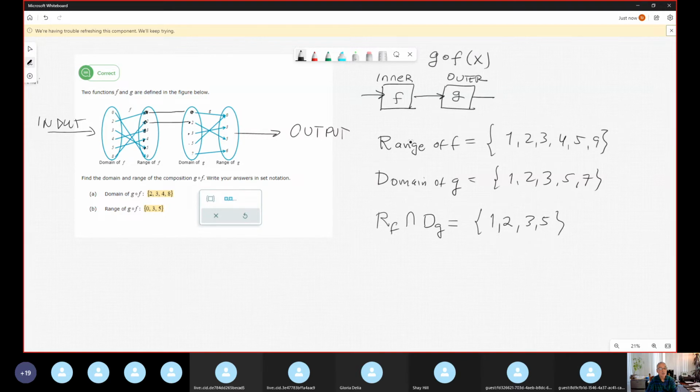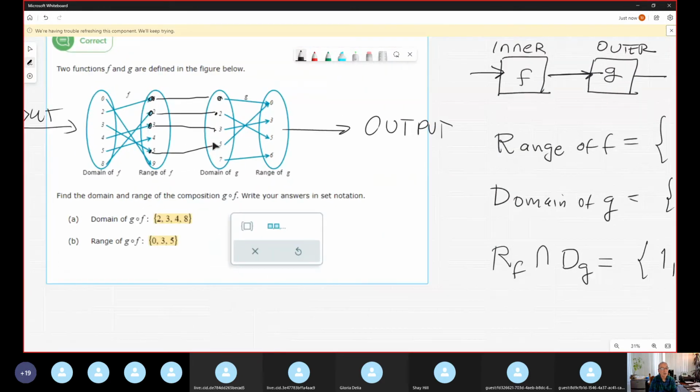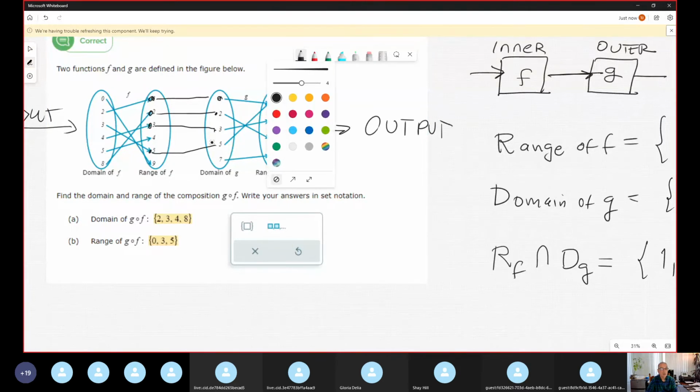So the connections that stay in between the elements are these: 1, 2, 3, and 5, and 4 no. Therefore, to stay in this connection between g and x, for example, you see that 2 is okay. Why is it okay?